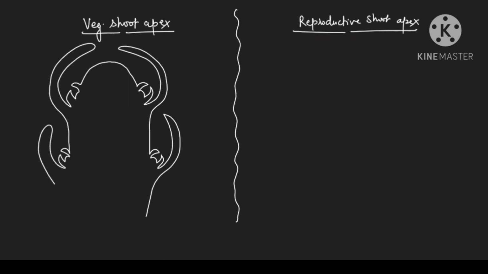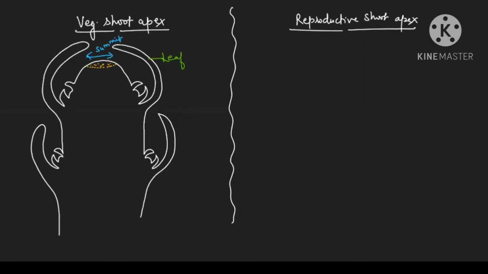Now match with your NCERT, the diagram given on page 85. You will find this is the shoot apical meristem, and this part is known as summit. This is leaf primordia.